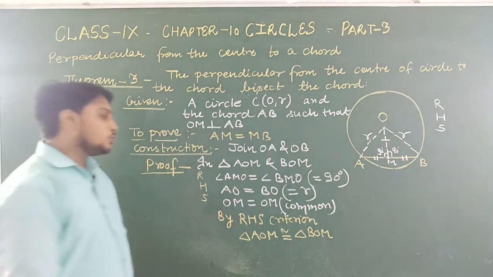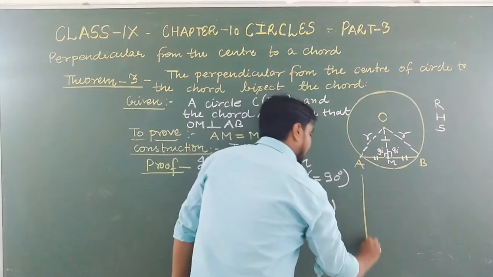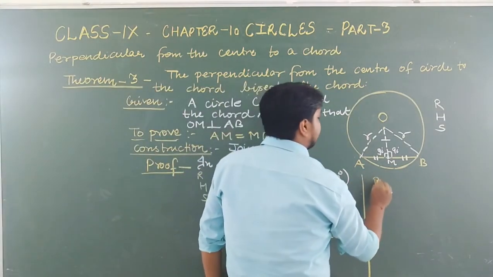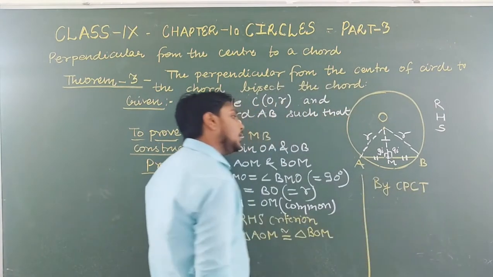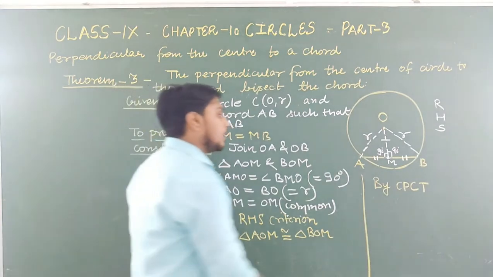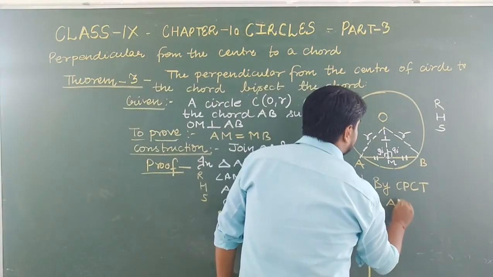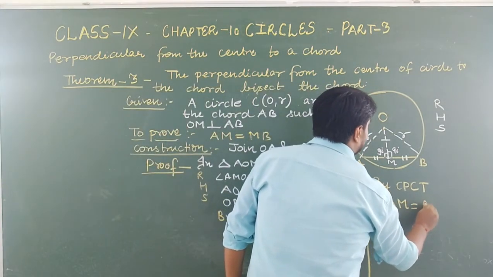Okay, so if these two triangles are congruent, then by CPCT, by corresponding parts of congruent triangles, we can say that AM is equal to BM.